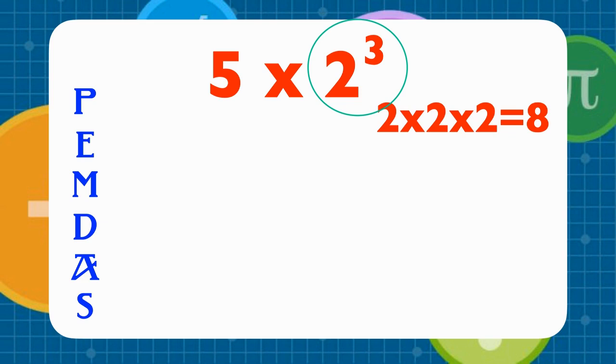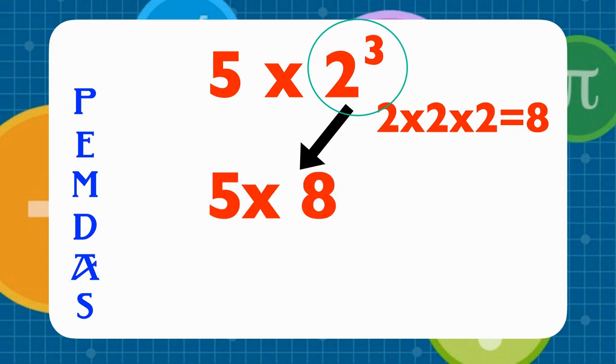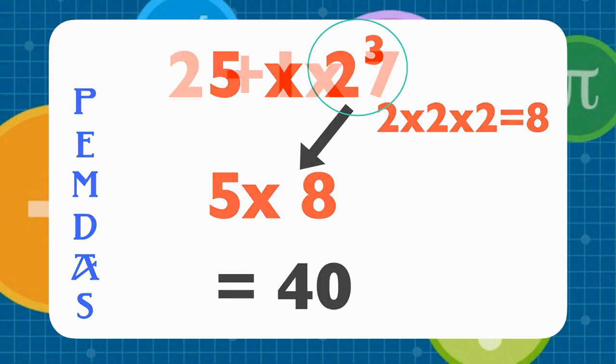How did we get that? Because 2 times 2 is 4, and then 4 times 2 is 8. Excellent job, guys. So now let's set up our problem. Now we have 5 times 8. And I know you know your 5 times table, right? So 5 times 8 is equal to 40. Beautiful job, guys.